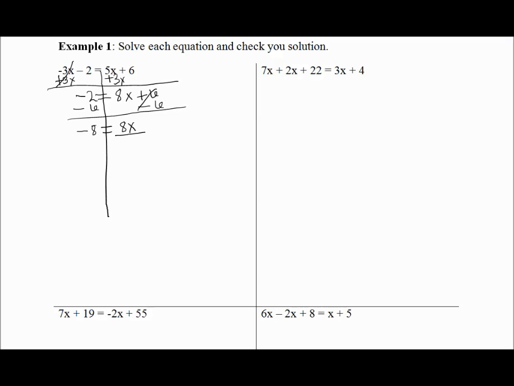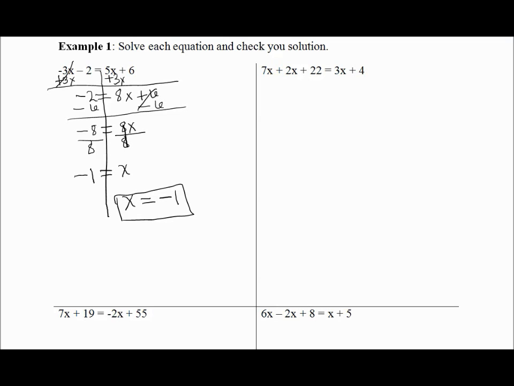So I need to get rid of that coefficient, so I'll divide by positive 8. On the left, I have negative 8 divided by positive 8. That's just negative 1. Bring down my equal sign. X's cancel out. And I have negative 1 is equal to x. Now I like my variable on the left, so I can just interchange the two, and I'll end up with x equals negative 1. And that's my final answer.